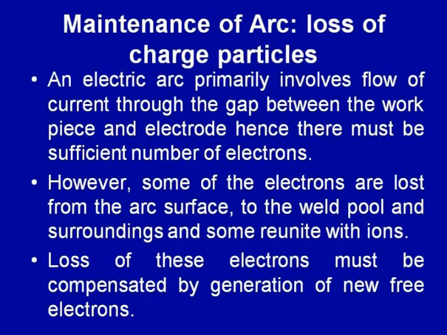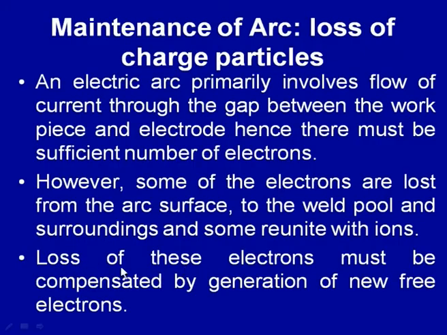Now we know that the electric arc primarily involves the flow of current through the gap between the workpiece and the electrode. Hence, there must be a sufficient number of charged particles. However, some of these electrons and ions are lost to the arc surface and to the pool, some of them to the surroundings, and some of them are also lost by reuniting with the ions.